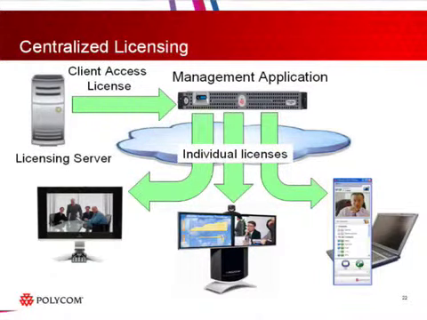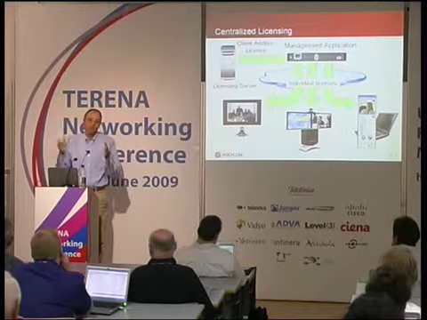Licensing is a challenge because in the past you would need to go to every single device and put a license in it. Today we're using a client access license, which is one file that you put in the management server, and the management server counts how many clients are in the network. That allows you to remove one video endpoint and put another one, or to deinstall a soft client and install it on another PC or Mac, and you have the same number of licenses.